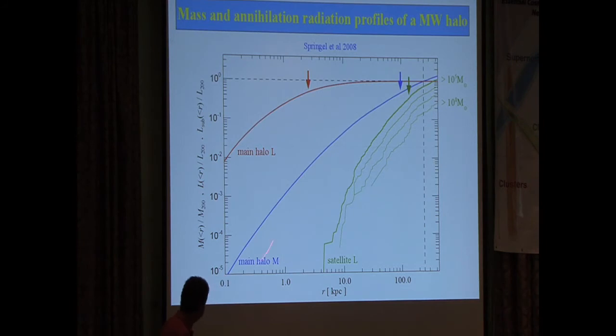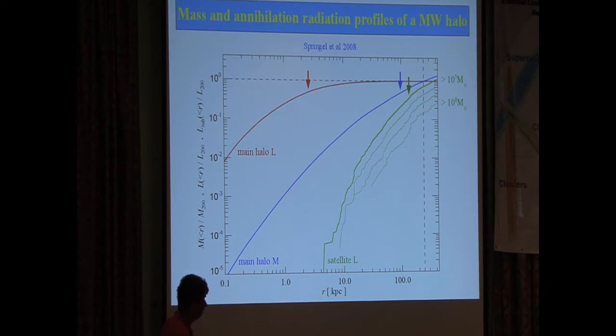So here is radius. Here is mass contained in that radius. So if you just look at the mass, we're all normalizing out here, in this case, to 200 kiloparsecs. So let's normalize to 1 here. By the time you come to the sun, which is here somewhere, you've only got about 4% of the mass inside the sun.